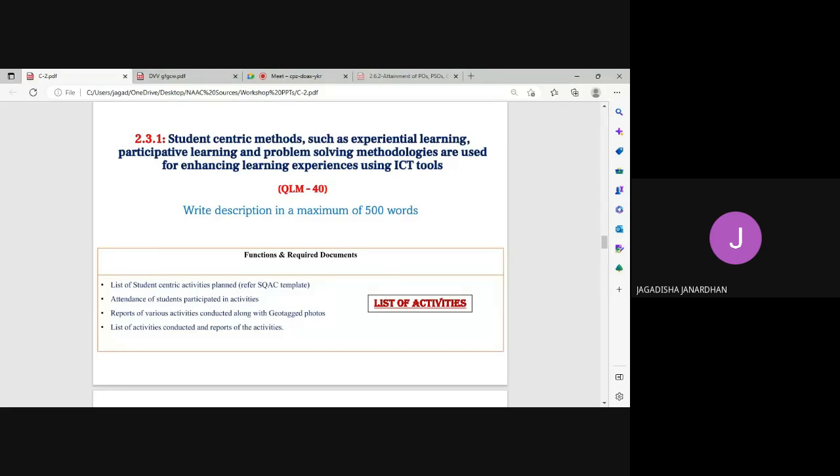While writing this 2.3.1, note that a 5-point scale will be used at the time of the peer team visit. They will evaluate this question and allot marks, from 0 to 4. If they give 0, you get 0 weightage. If they give 1, you get 40 weightage.